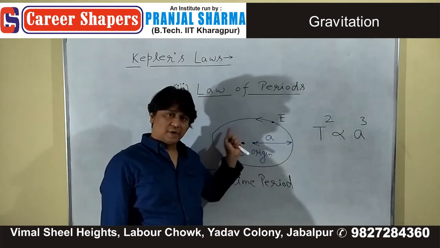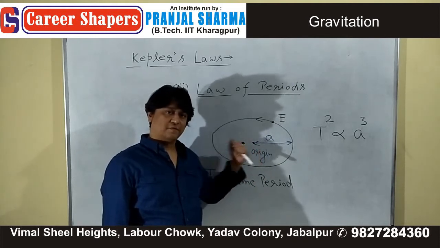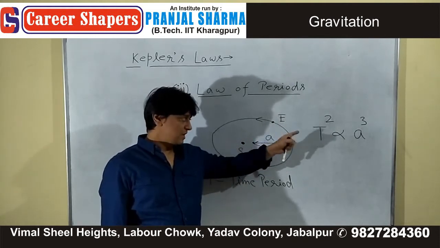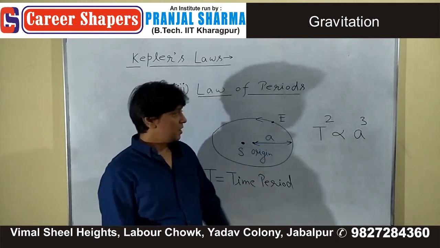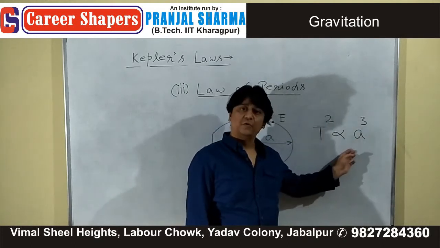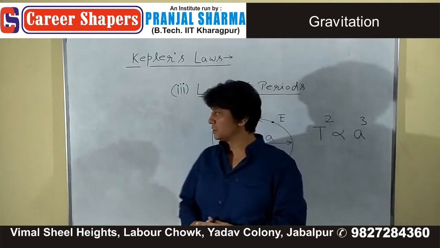For elliptical orbits, mathematically it will take a lot of time to develop this. We have done a proof of this for circular orbits with the help of Newton's laws.